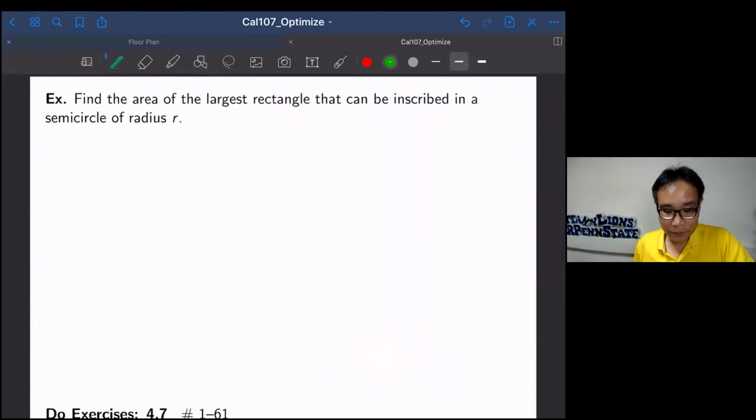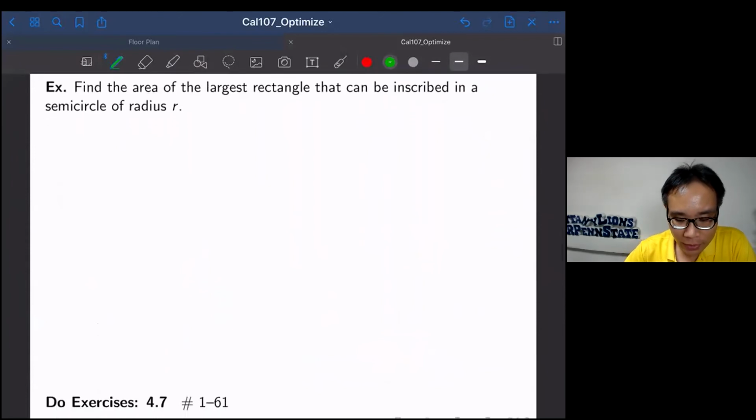Last one for the optimization problem. We would like to find the area of the largest rectangle that can be inscribed in a semicircle of radius r. First, let's try to graph it a little bit.